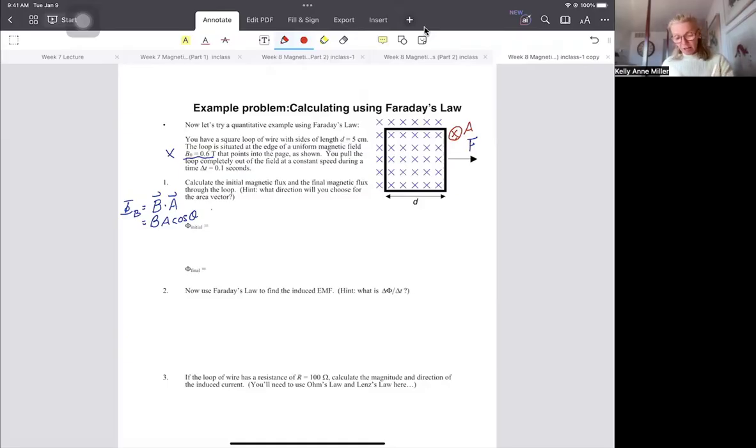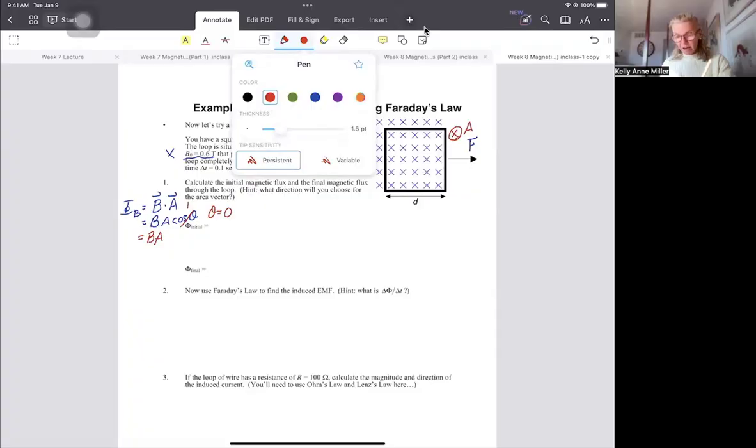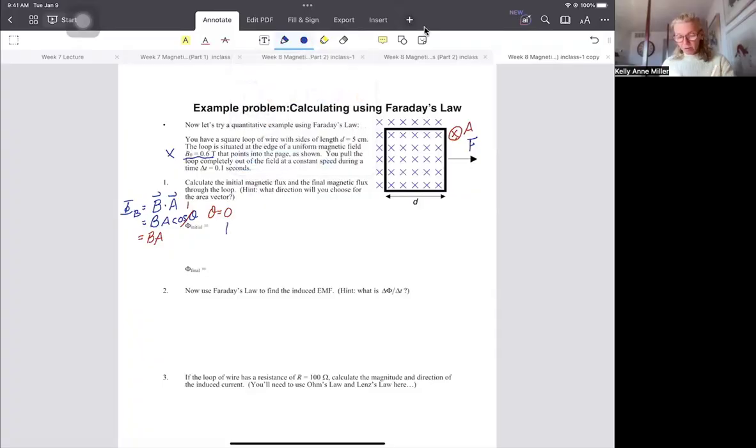So theta is 0, and this just goes to 1. So this reduces down to just B times A. So the initial magnetic flux is just going to be B times d squared.